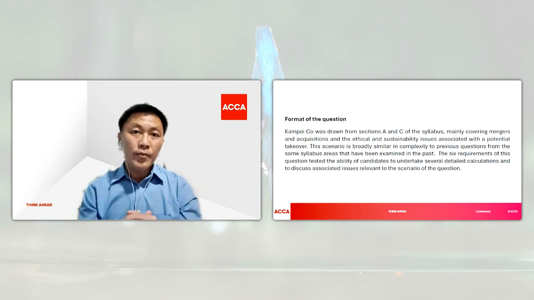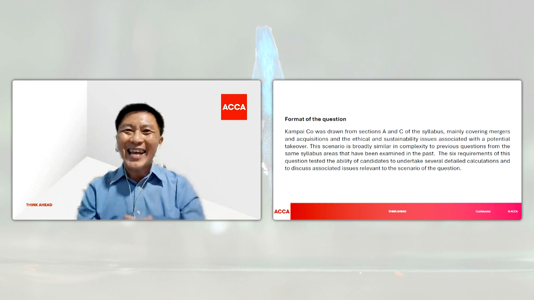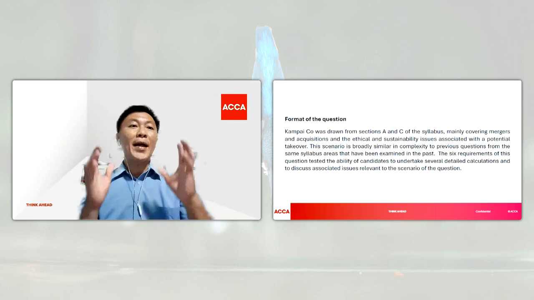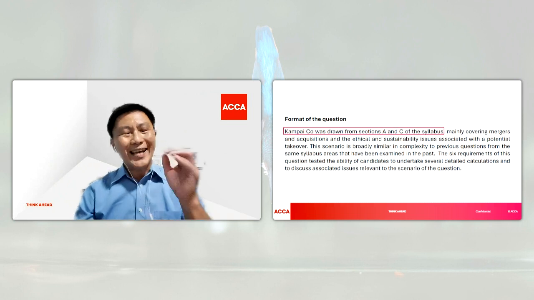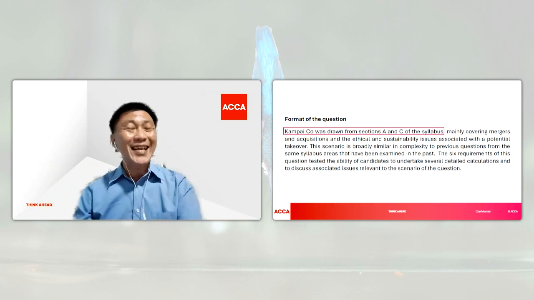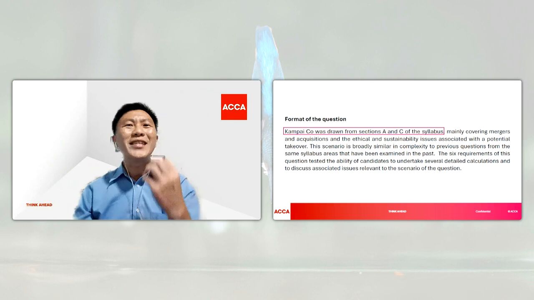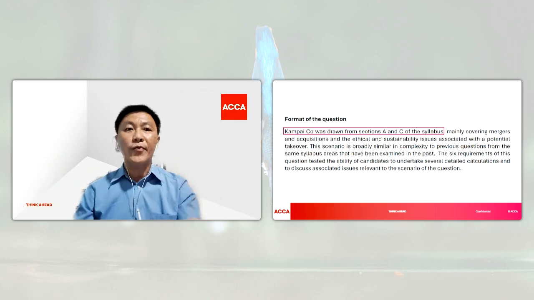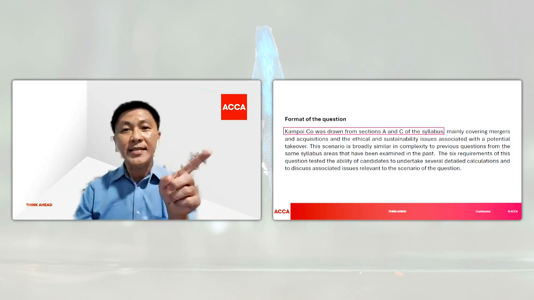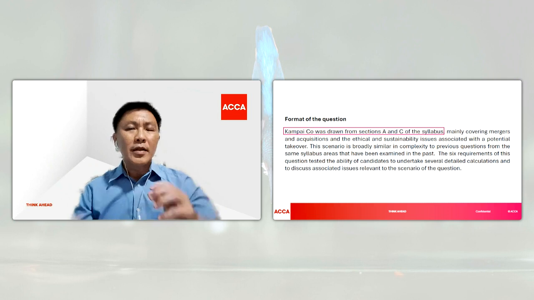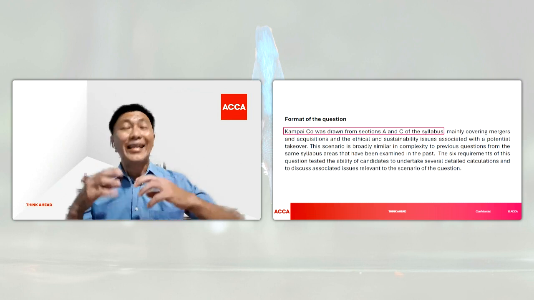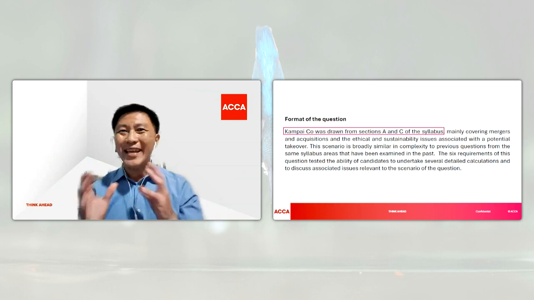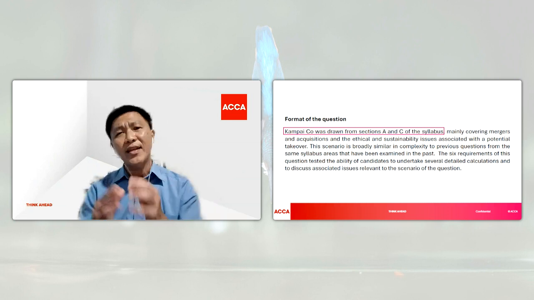Looking into the general comments in the examiner report, talking about what exactly this case study is all about, you will notice that the examiner report directly draws your attention, telling you the content of the tasks mainly comes from selected sections within the syllabus. Looking at the task, if you remember a moment ago, the question was asking to estimate the price to earnings ratio and the additional value created from the acquisition of one company by another company.